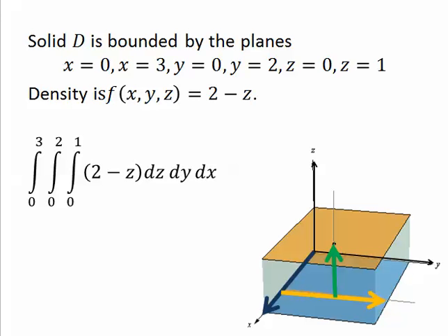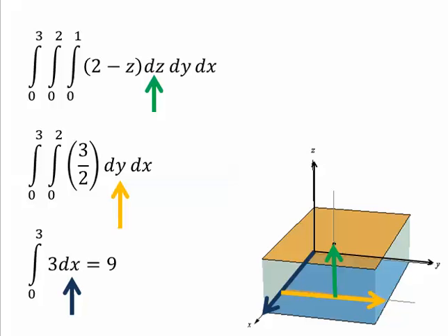And then y is in the middle, so make sure your middle integral is between 0 and 2, and then x is the outer, so make sure your outer bounds go between 0 and 3. After you do that, the integration is, for you, probably straightforward, but if you have any questions, let me know. You integrate and evaluate with respect to z, and then y, and then x.